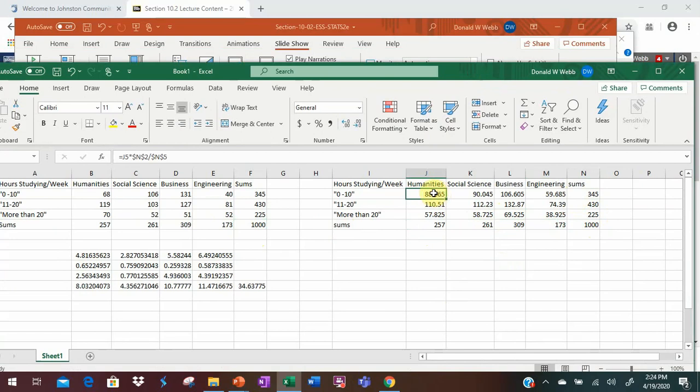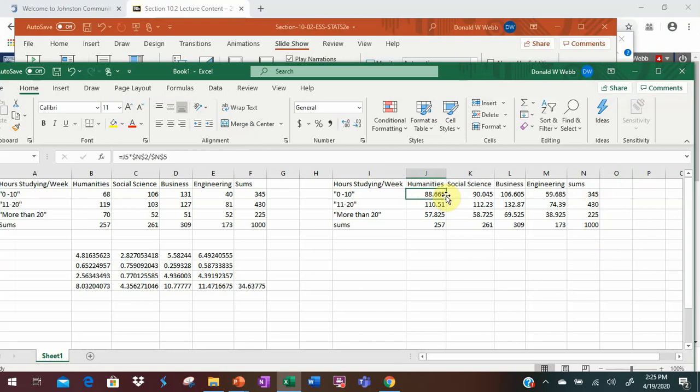So I said, this is J5 times this divided by the grand total. So it's the row total times the column total, divided by this once. The probability would be divided by 1,000 squared, but since I'm doing expected value, I would multiply the probability times 1,000, so it's only over one of these things.